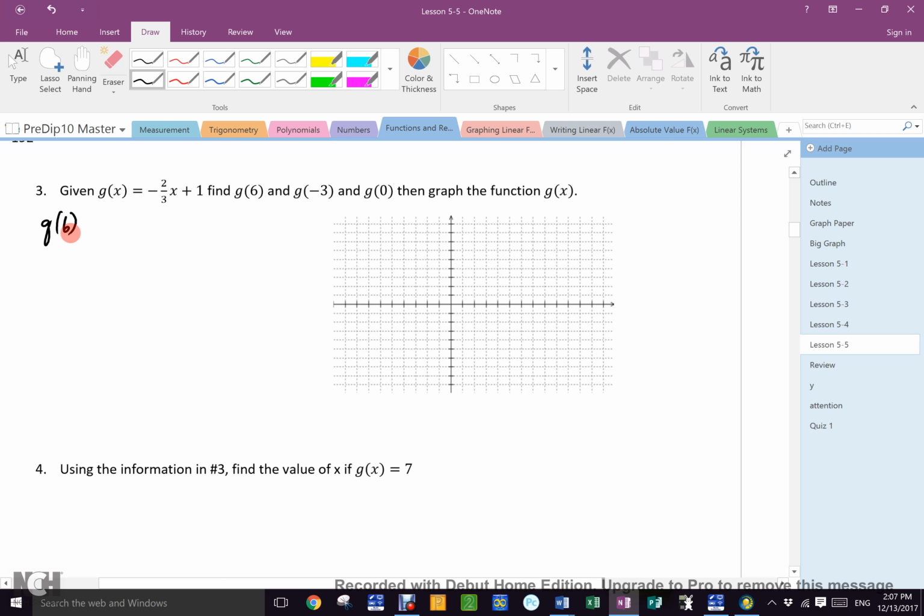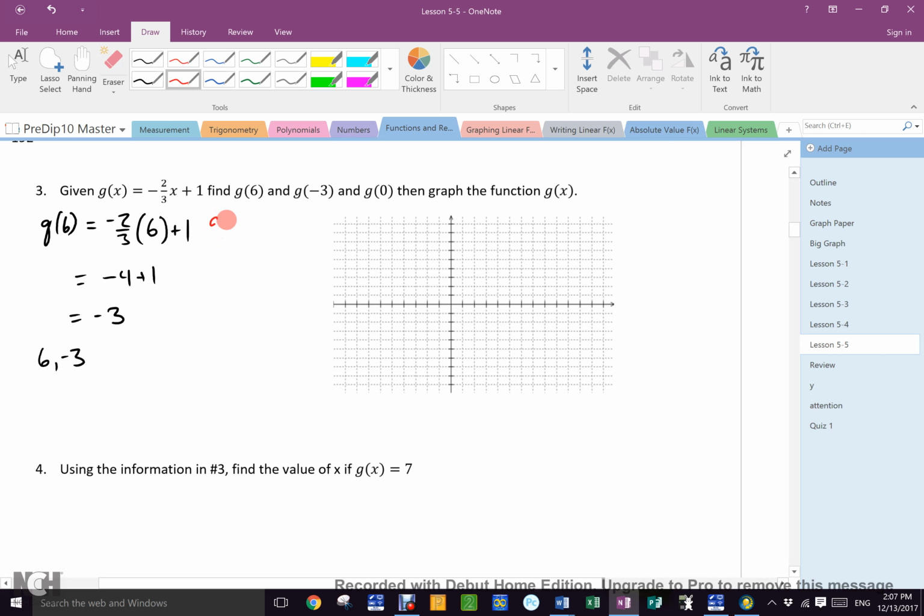What does x become in the equation? What is it? Negative 4 plus 1 is negative 3. Great. So what's the ordered pair? 6, negative 3.